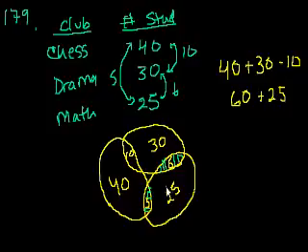Since we've already counted those, we need to subtract those from the 25. So minus 5 and minus 6. This problem's all about not double counting. So 60 plus 25 is 85, minus 5 is 80, minus 6 is 74. So 74 total students. So that's choice C.